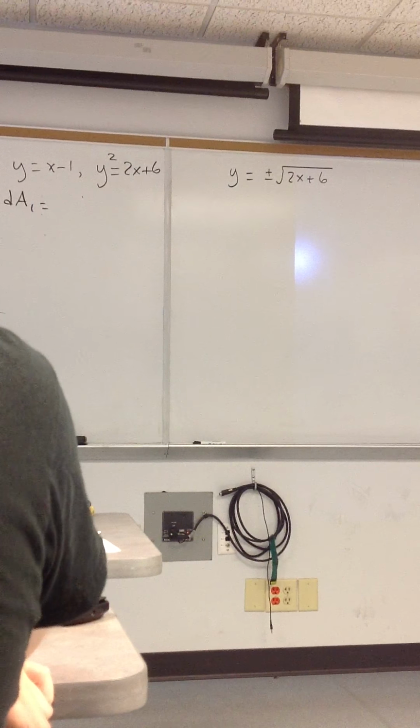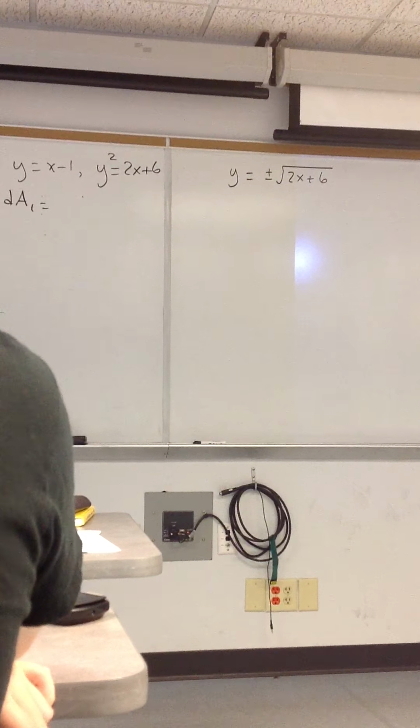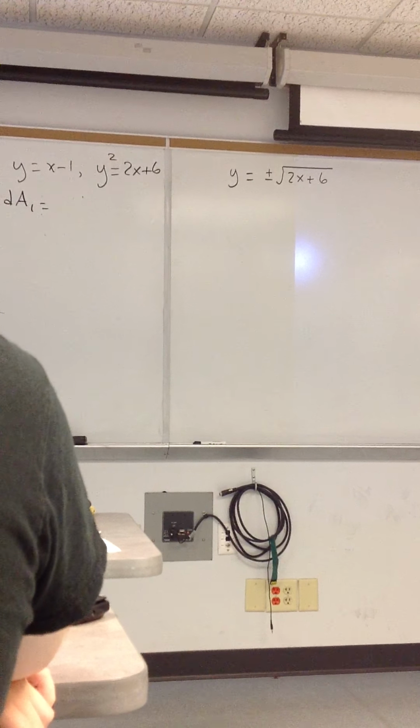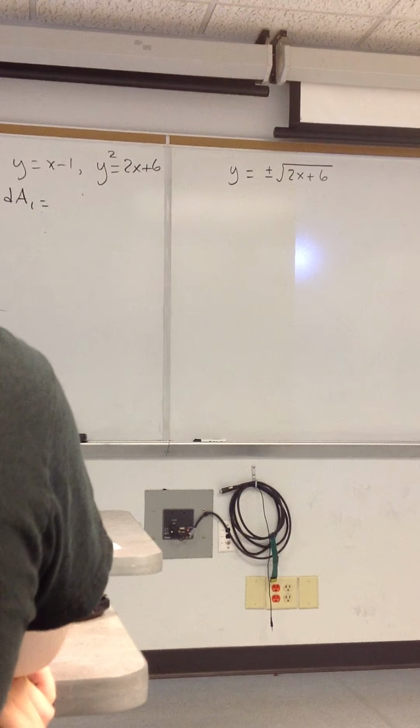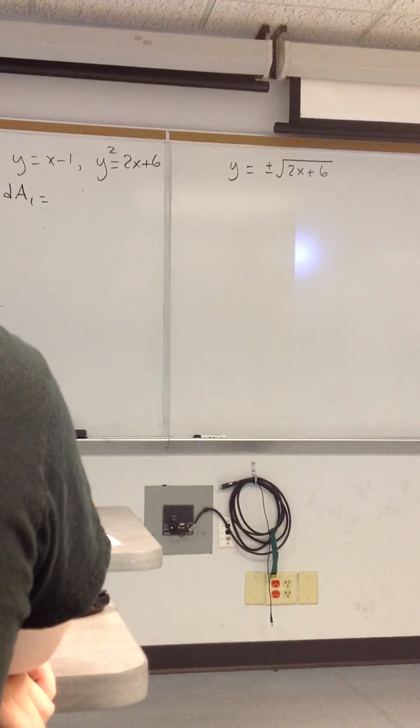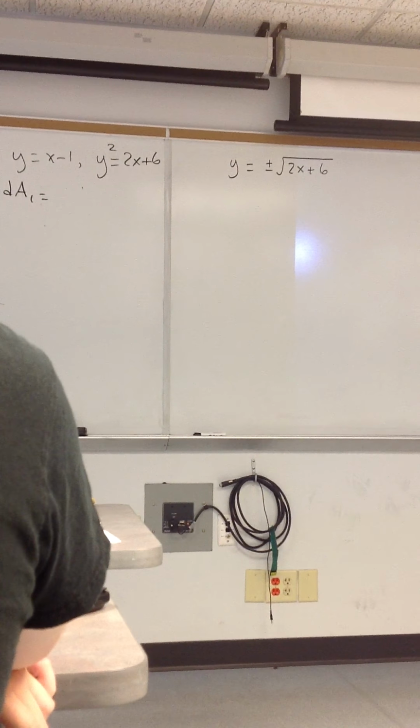Okay? You just take the square root, isn't it? But there are two possible values for y. y is plus the square root of 2x plus 6. And you could have also y that is minus the square root of 2x plus 6.